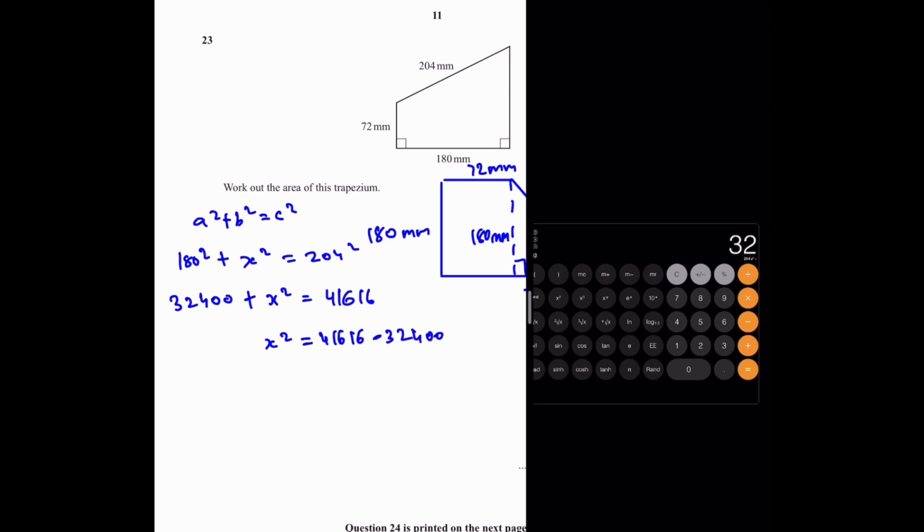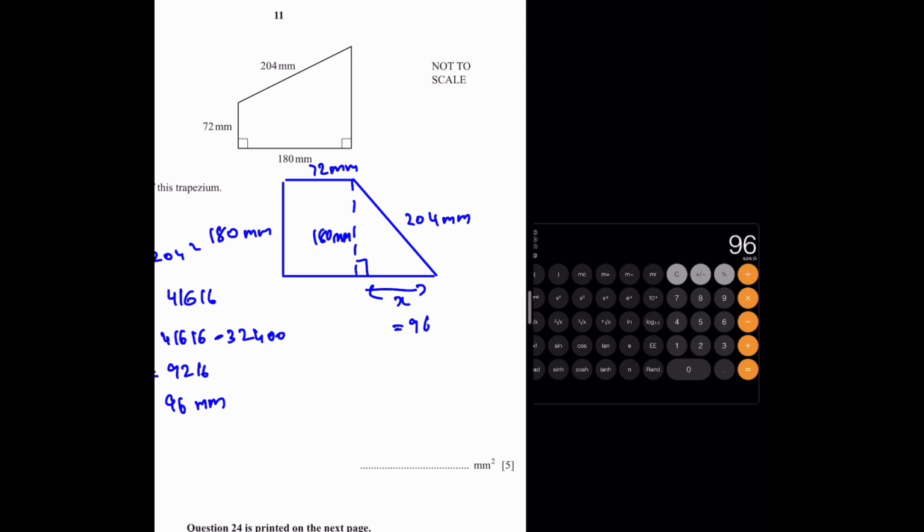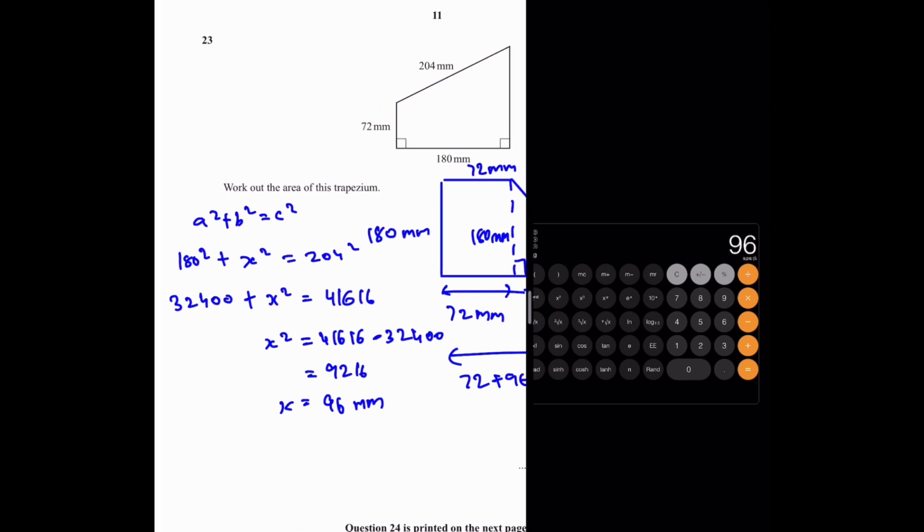And when we do this, 9216, and then x is equal to the square root of this, which is 96 in millimeters. And then this length is 72 millimeters, which means the full thing is 72 plus 96, and we get the answer as 168 millimeters.